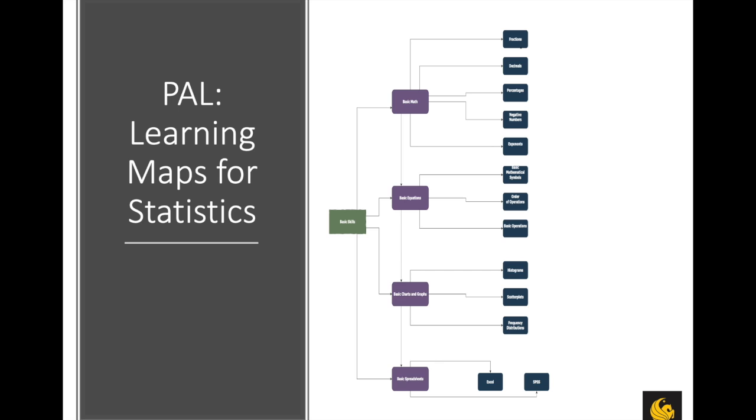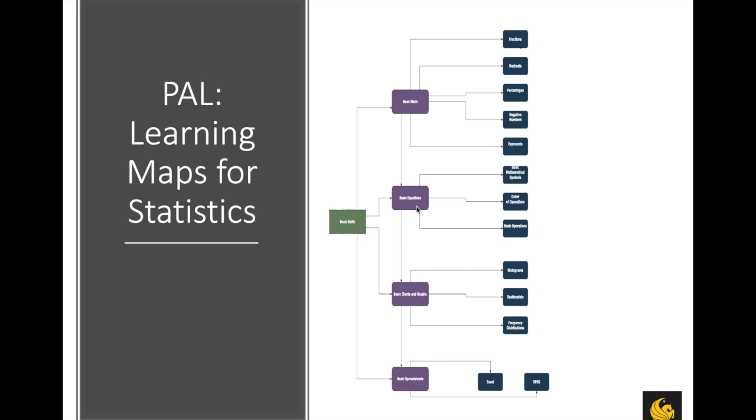And so this is one of my learning maps for my statistics modules. Not all of these modules are necessary, I don't think, for physiological psychology, but here's kind of the general plan. We've got the basic math module up here, which includes things like rounding and negative numbers, exponents.